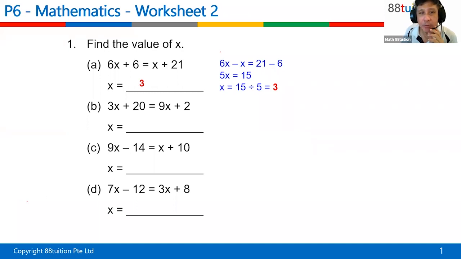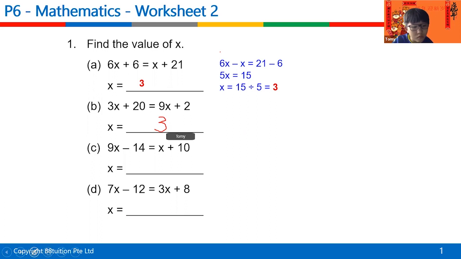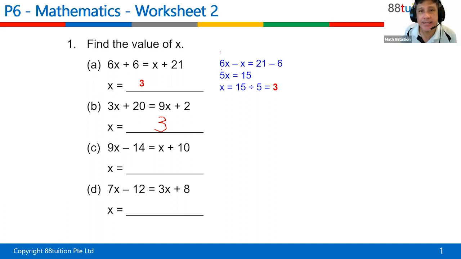So maybe you take the lead and solve B first. Then we can let Carl and Jaden check whether their answers are correct. Okay, Tommy has already solved the whole thing, so his answer is 3. What about Carl and Jaden? Did both of you get 3?